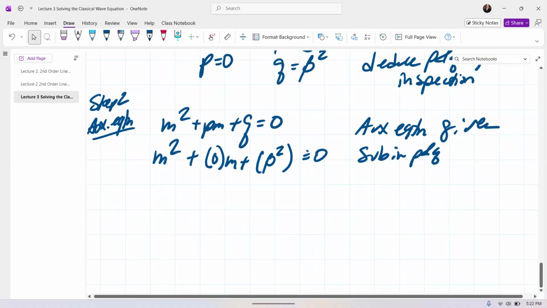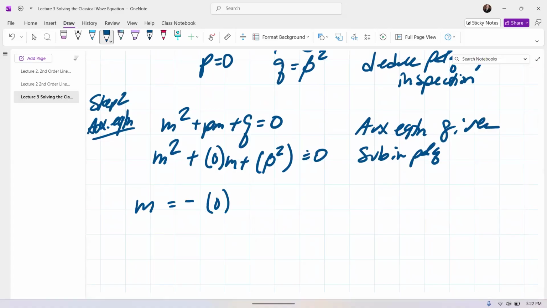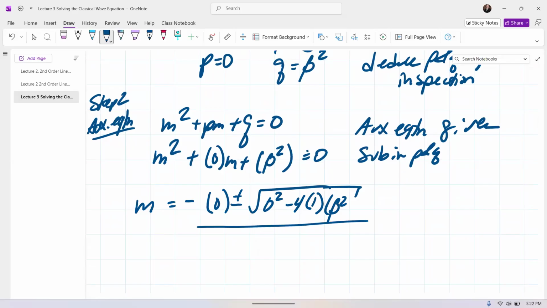So now we do m equals negative 0 plus or minus the square root of 0 squared minus 4 times 1 times beta squared, all over 2a. But remember, a is always 1, the leading coefficient. Okay, sub in.